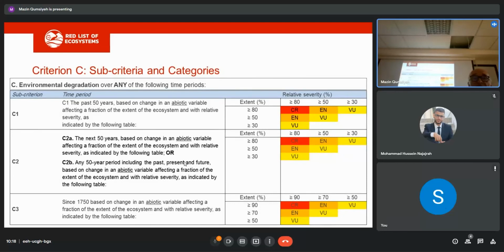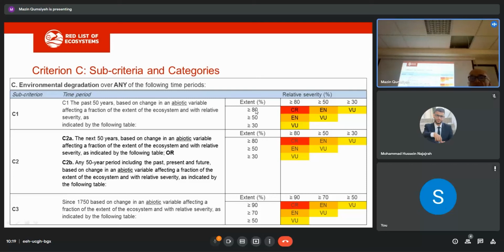Again, you have sub-criteria and categories. So C1, during the past 50 years, based on change in an abiotic variable, it's only abiotic variables, affecting a fraction of the extent of the ecosystem and with relative severity. And after, we have the thresholds combined with the severity.